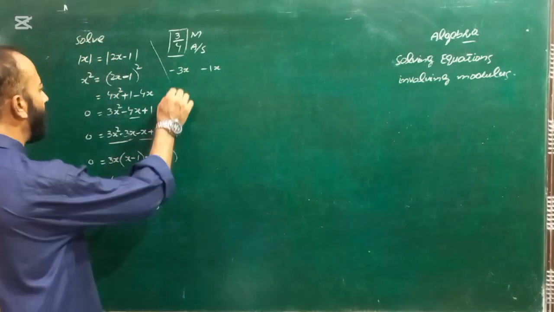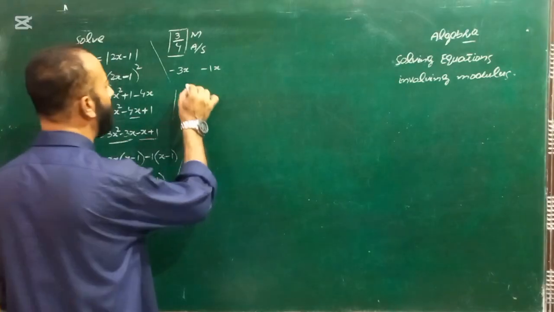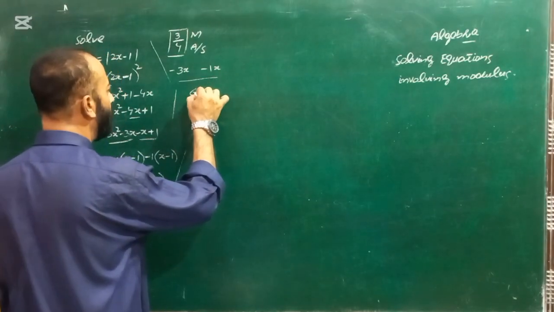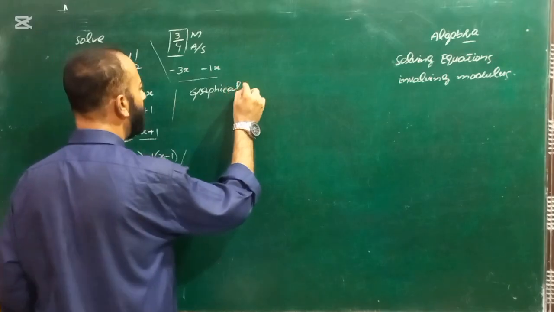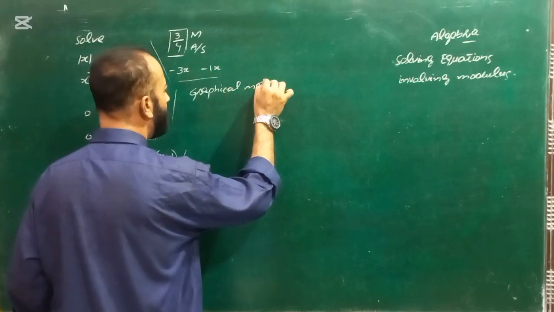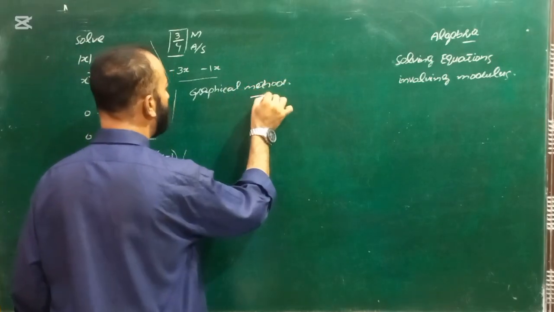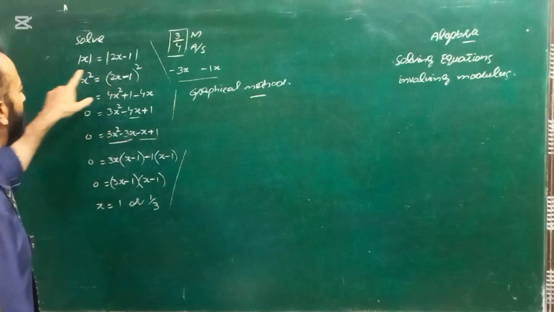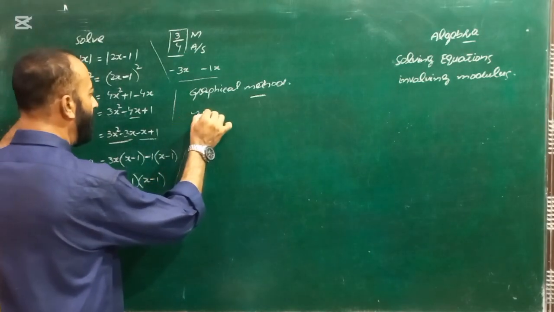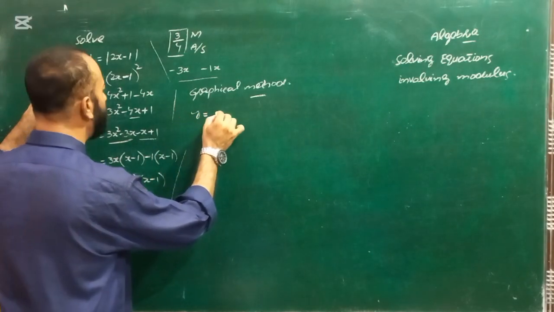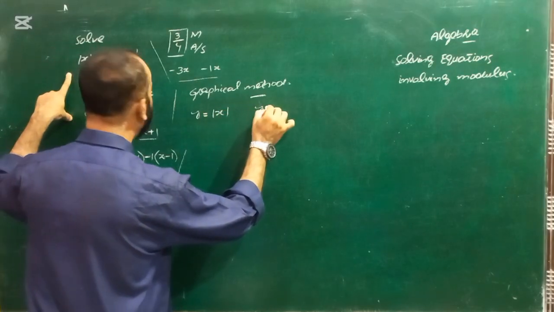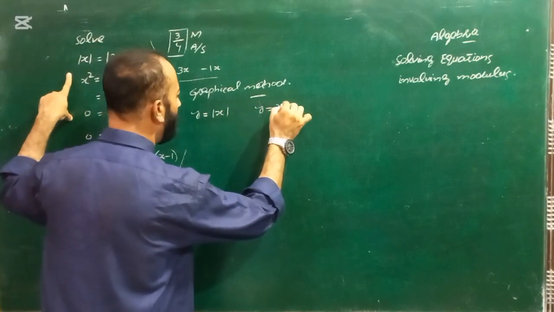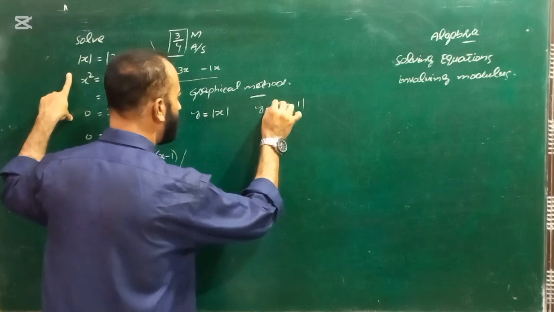So now the second method, that is the graphical method. So look now, here is the graphical method. The solution of this equation will be the intersecting points of y equal to |x| and y equal to |2x - 1|.